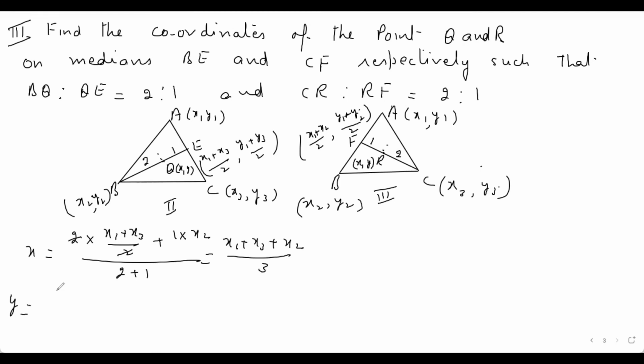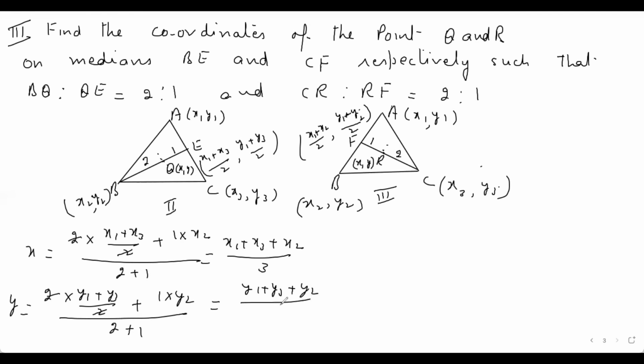Similarly, y is equal to 2 multiplied by (y1 plus y3) upon 2 and 1 multiplied by y2, upon 2 plus 1. 2 and 2 cancelled. So (y1 plus y3 plus y2) upon 3.